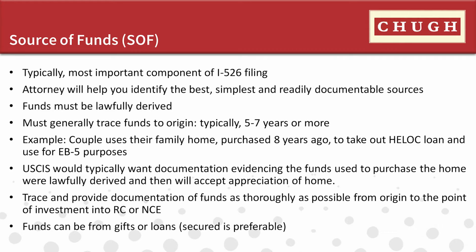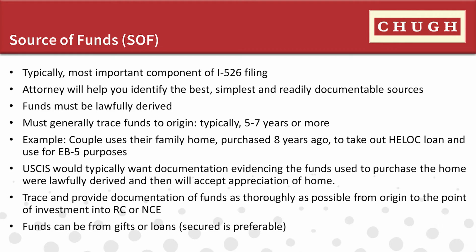So an example: a couple uses their family home, which was purchased about 8 years ago, to take out a HELOC, home equity line of credit, and use it for EB-5. USCIS may come back and say, how did you get the down payment to purchase that property in the first place?